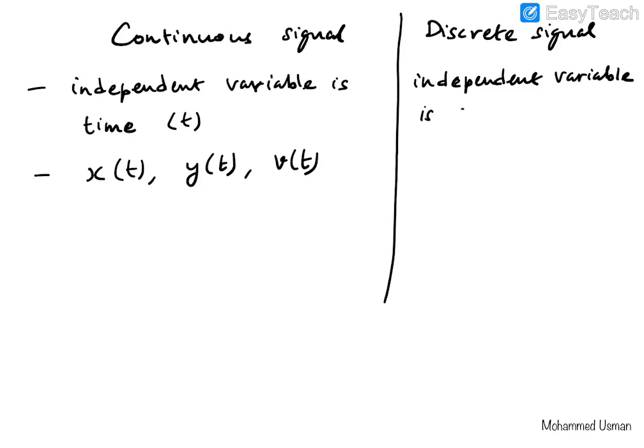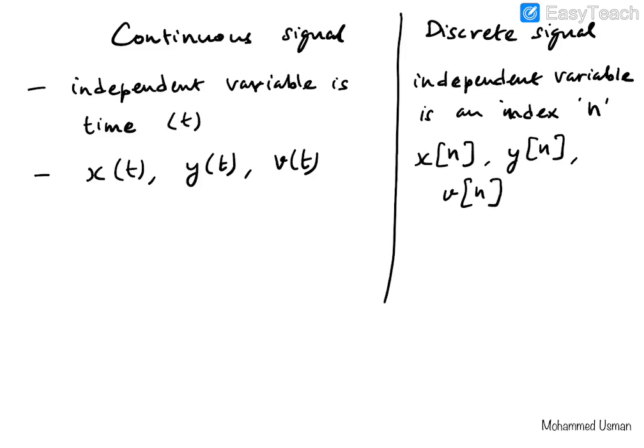In contrast, the discrete signal has the independent variable as an index, which we denote by the letter n, and we would represent the signal as x of n or y of n or v of n, and all of this in square brackets.